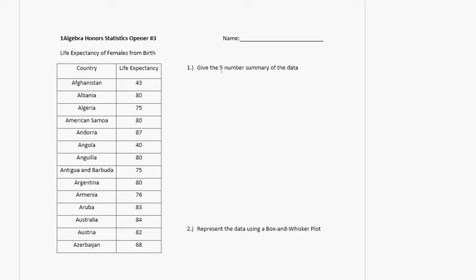So anyway, here's what the 5-number summary includes. We have the minimum, we have the maximum, and right in the middle of the lowest data point and the highest data point is the median. If you need a refresher on median, you should go back and watch stats opener number 1.